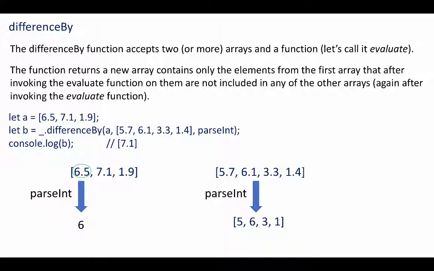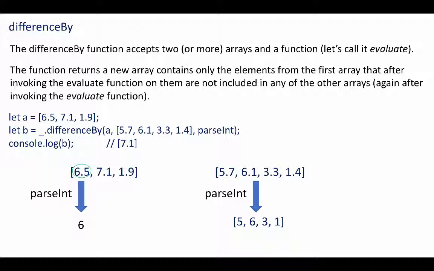So 6 wouldn't be in the result array. So actually what the function does is filter the values according to this function, and checks if the values are present in the other array. So now you can see that 7.1 is the only value in the A array that is not in the second array.